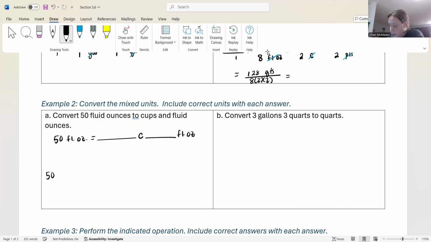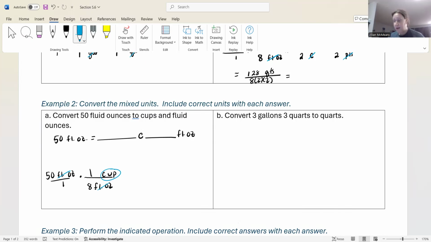I've got 50 fluid ounces. I want to multiply by a unit fraction that relates fluid ounces and cups, and I want my fluid ounces to be the one that cancels. So I want to multiply by 1 cup over 8 fluid ounces. The fluid ounces do cancel, leaving a cup in the numerator.